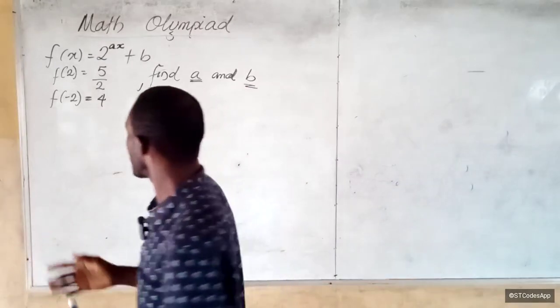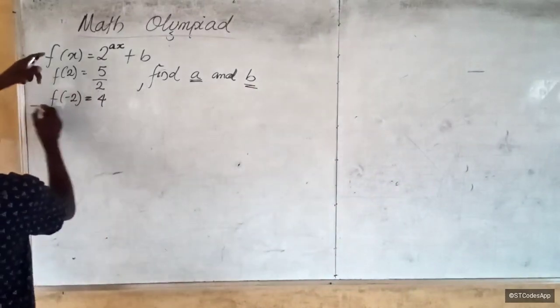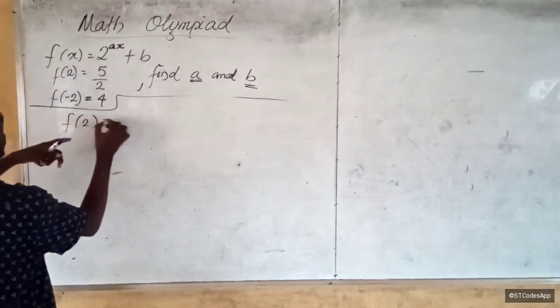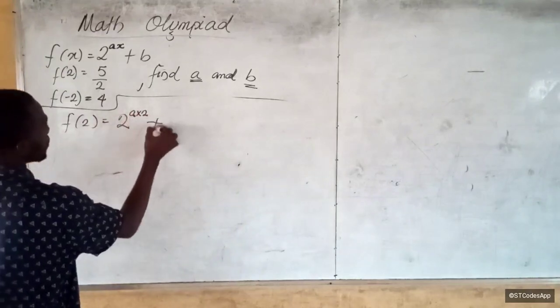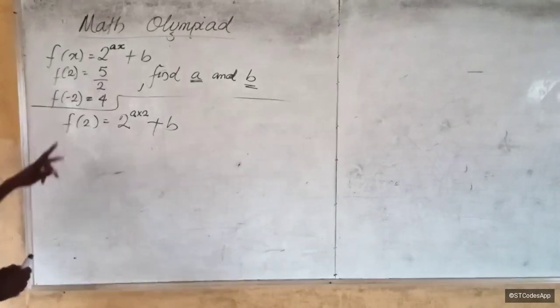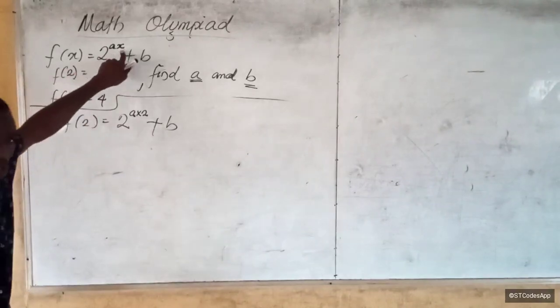It's quite simple. We have f of 2 is 5 over 2. Since f of x is this guy, f of 2 is going to be 2 raised to the power a times 2 plus b. That is, f of x means the function of x. Is that okay? So we are only altering the x.